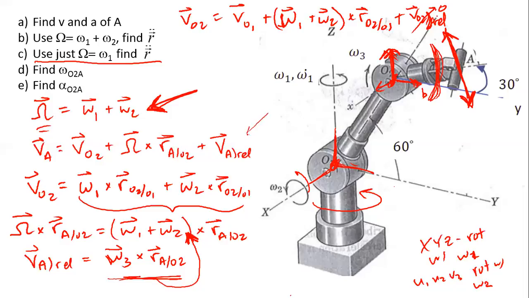So I can basically use this same type expression. Right, so I'm still going up to O2 first, and then my omega 2 and my omega 3 are going to come into play for my VREL type of term, okay?